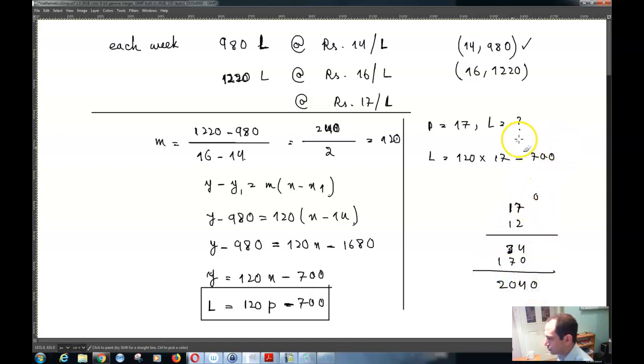And if you subtract 700 from 2040, you will get 1340. You'll get 1340 liters of milk, which is number 17, the correct answer.